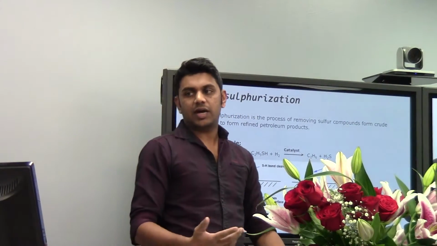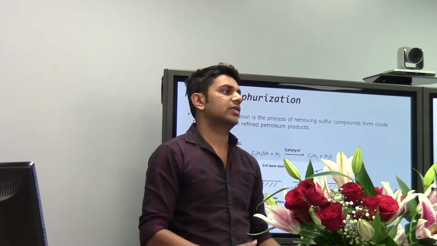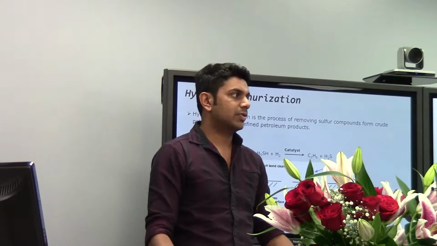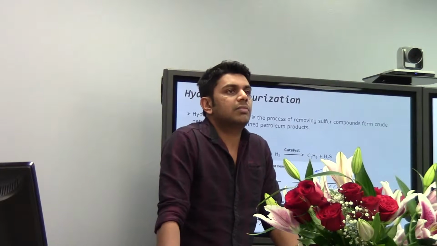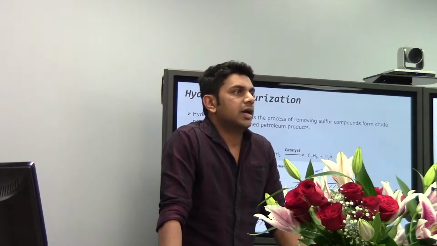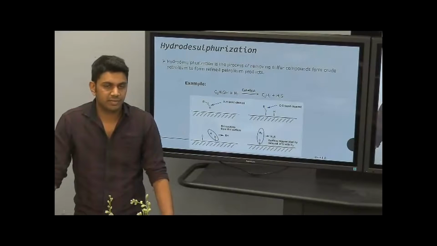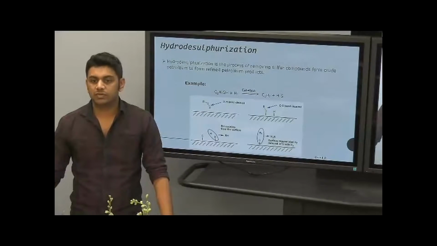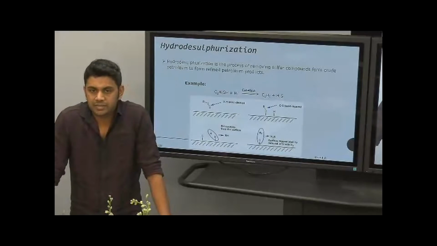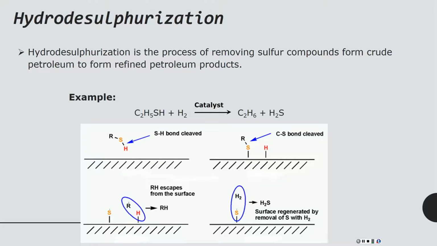During this sulfur removing process, the sulfur contaminant hydrocarbon is treated with hydrogen gas in the presence of a heterogeneous catalyst at elevated temperatures and pressures to form refined petroleum products, and hydrogen sulfide is formed as a byproduct. Here you can see a simplified catalytic hydrodesulfurization reaction mechanism in this diagram.